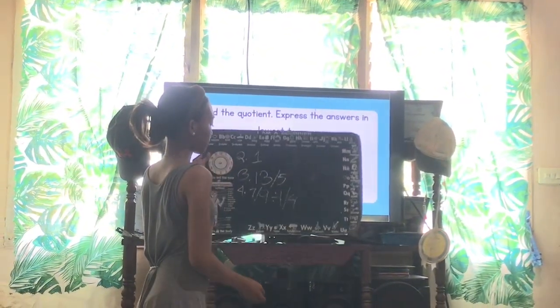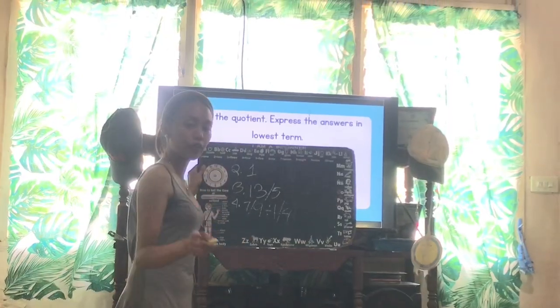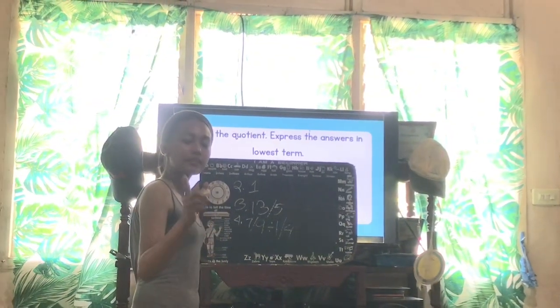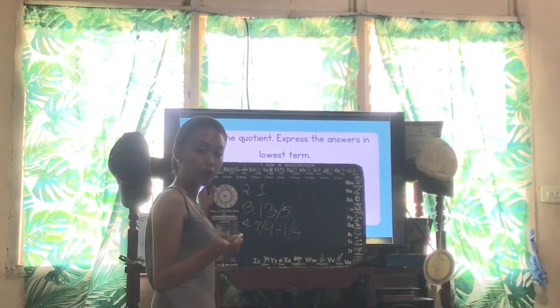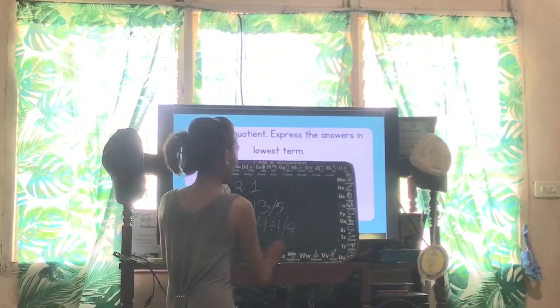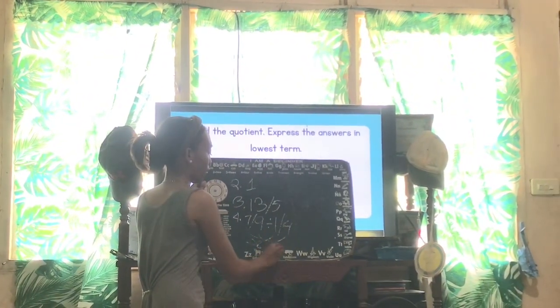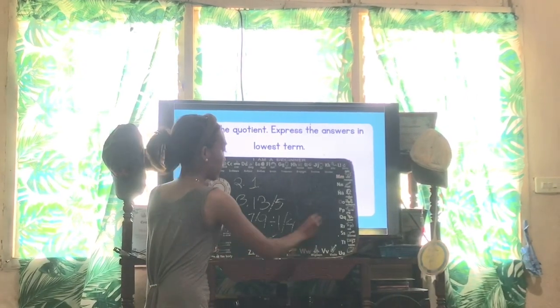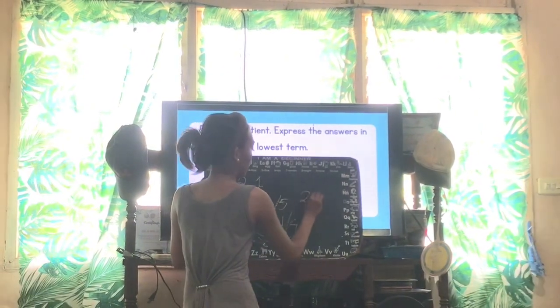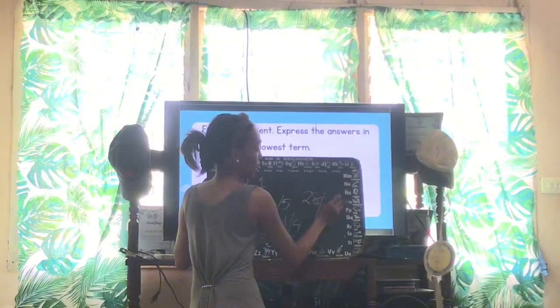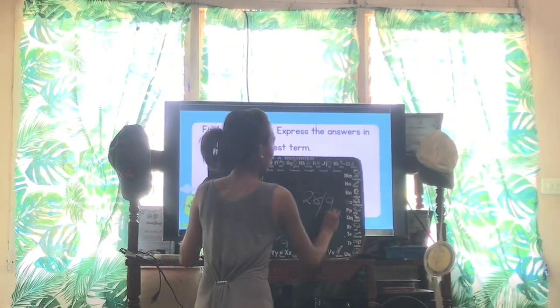So 7 times 4 is equal to 28. And 9 times 1 is equal to 9. So 28, and our denominator is 9.